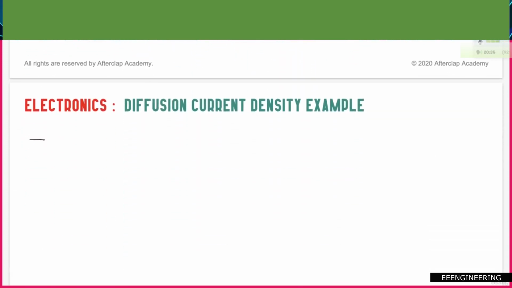J is our current density, and it is equal to I over A, where I is the current and A is the area. In the previous lecture I gave you an example, but let me do that again. Let's say you have a fixed current density of 200 amperes per centimeter square, and you are trying to create a current of 1 milliampere.